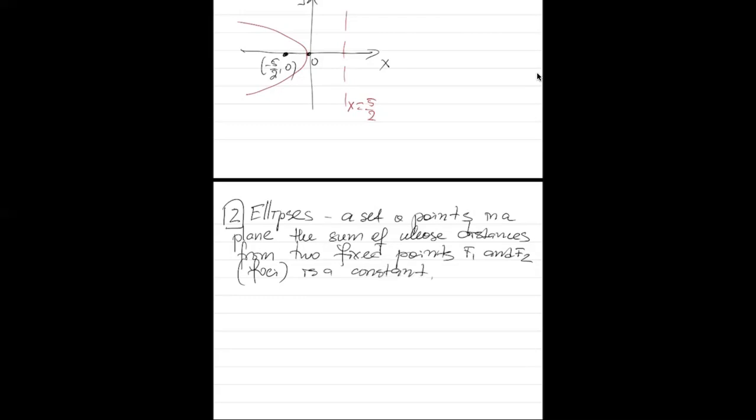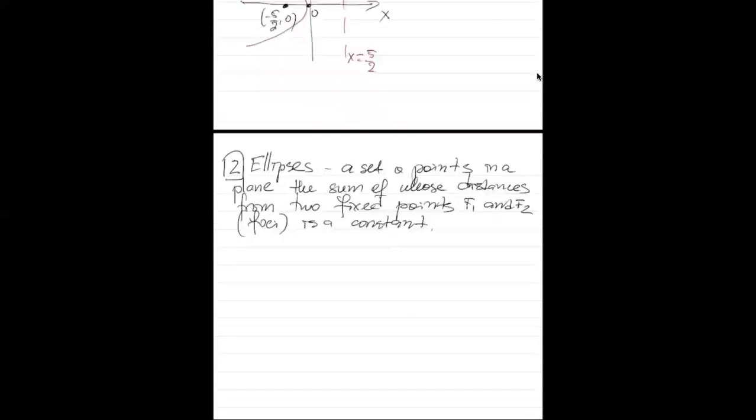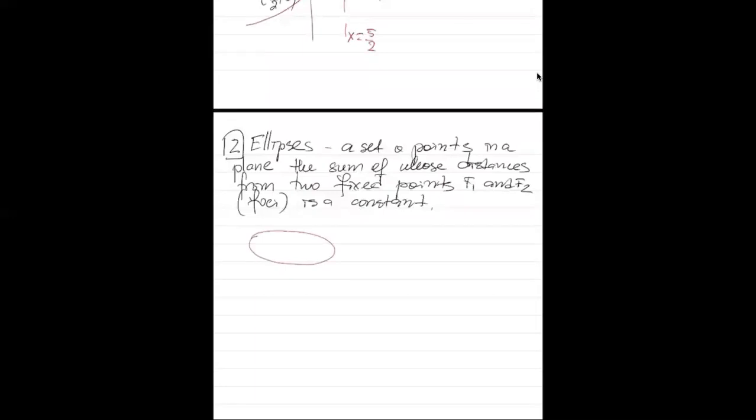So let's have a picture. We know what an ellipse looks like. And we have two fixed points, F1 and F2, called foci.